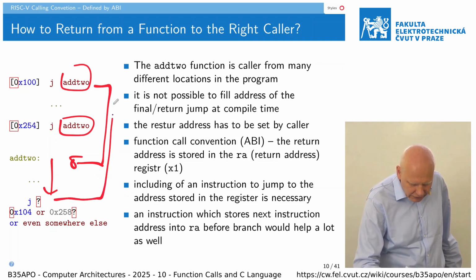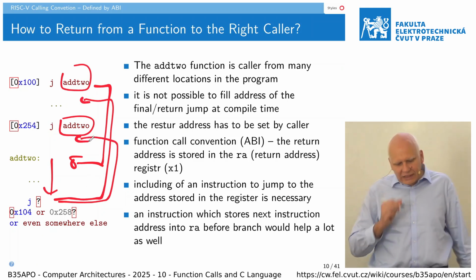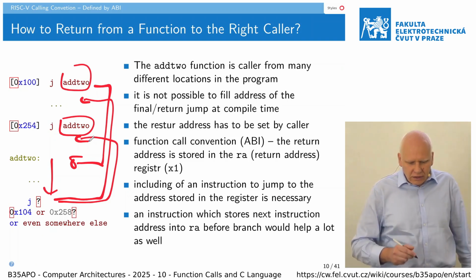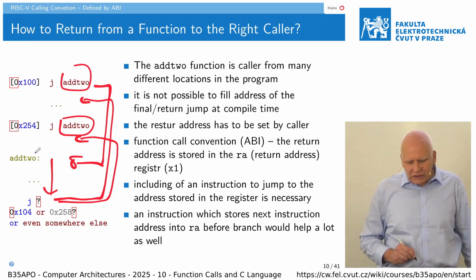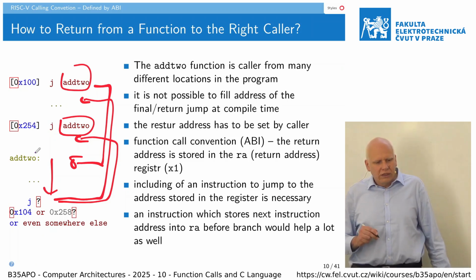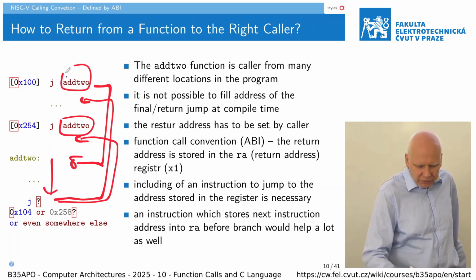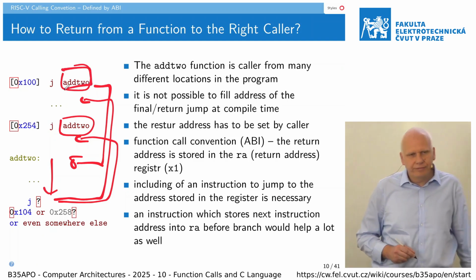Should we return there or there? We do not know that at compilation time, because for each invocation it is necessary to specify a different address to which we should return after the function is executed.